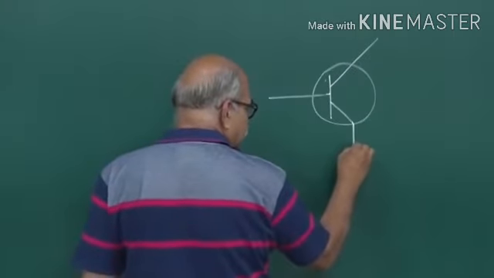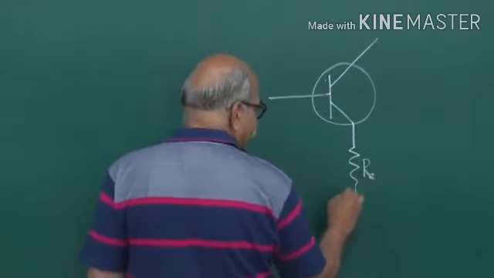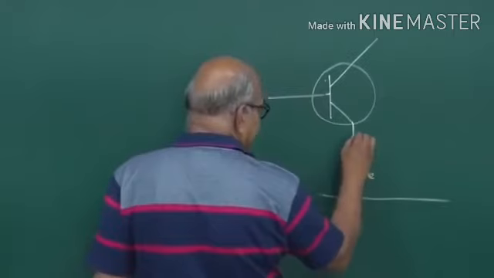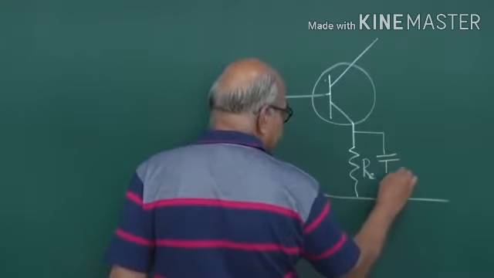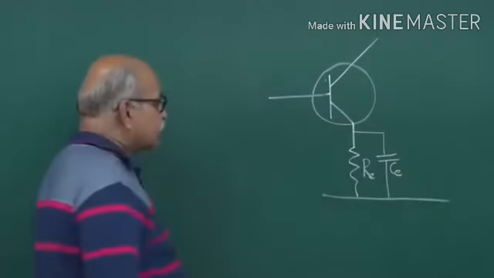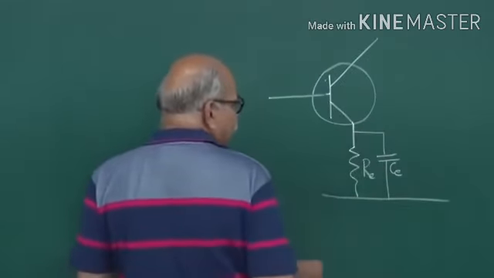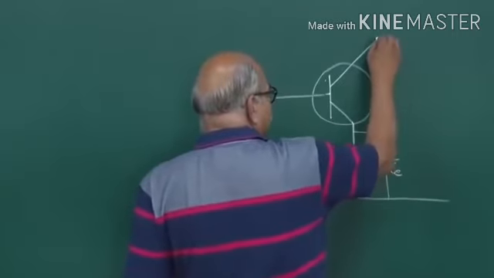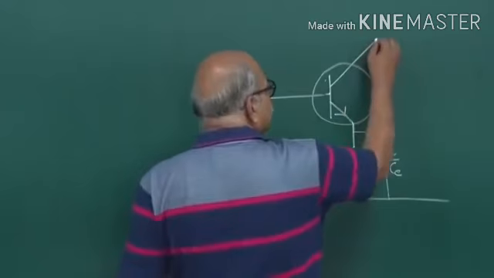Then you put this to ground, some resistance. In the actual case, you also put some capacitor so that this alternating signal is bypassed from here. And then this side should be forward biased, and this is an NPN transistor, so this should be forward biased.